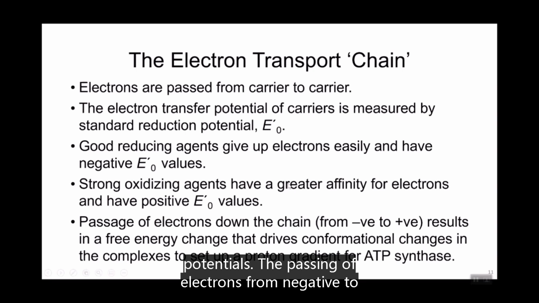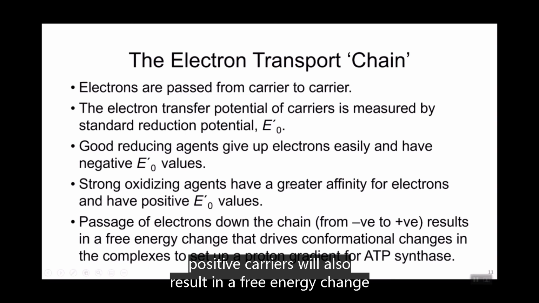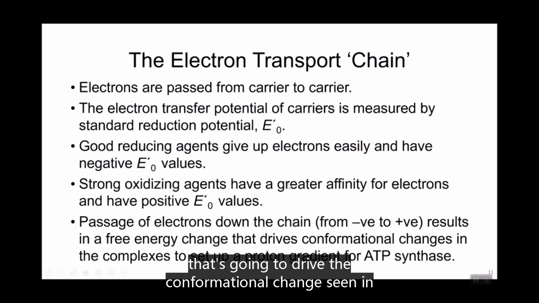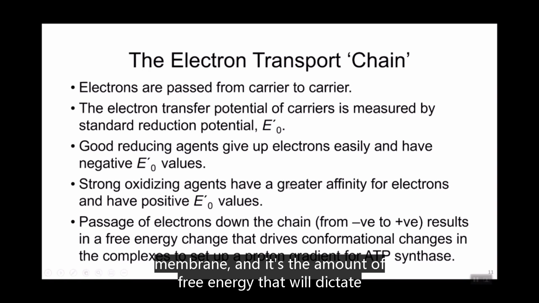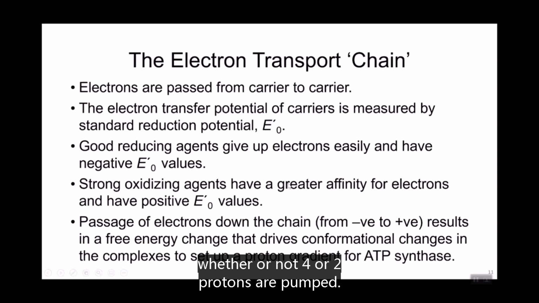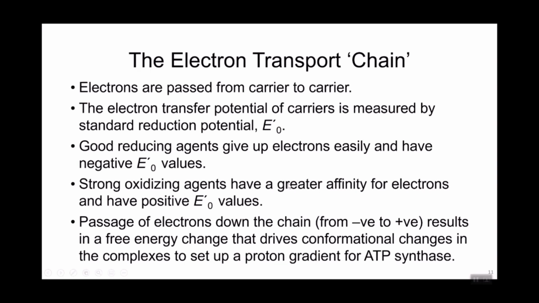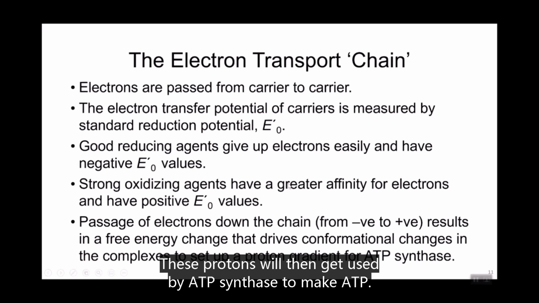The passing of electrons from negative to positive carriers will also result in a free energy change that's going to drive the conformational change seen in complex 1 and 3 and 4 to pump protons across the membrane. And it's the amount of free energy that will dictate whether or not 4 or 2 protons are pumped. These protons will then get used by ATP synthase to make ATP.